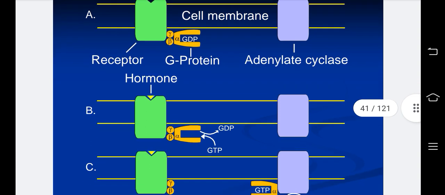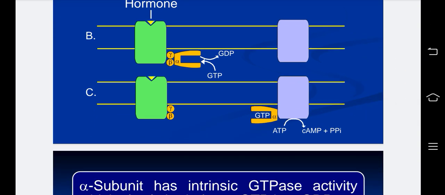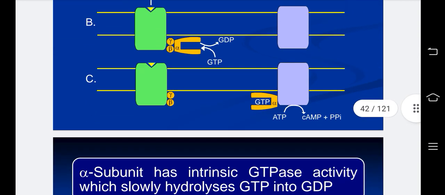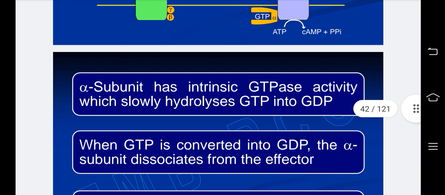Then there occur some reactions which change the GDP stage to GTP stage. So that will activate this G protein, and one segment, this alpha subunit, will travel into the adenylate cyclase effector. The alpha subunit has intrinsic GTPase activity which slowly hydrolyzes GTP into GDP.